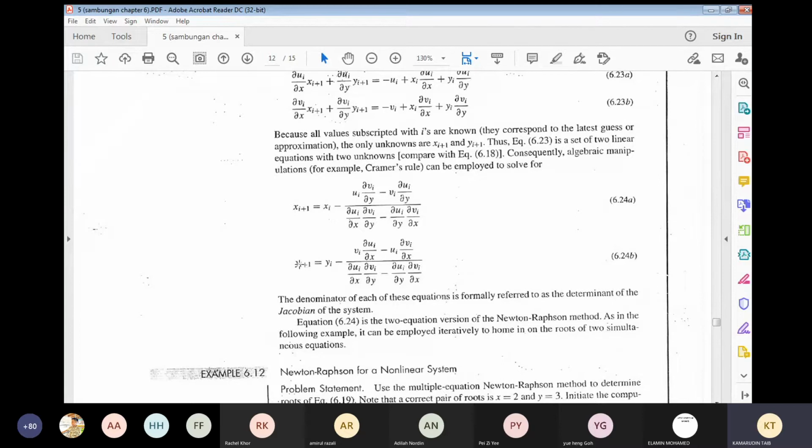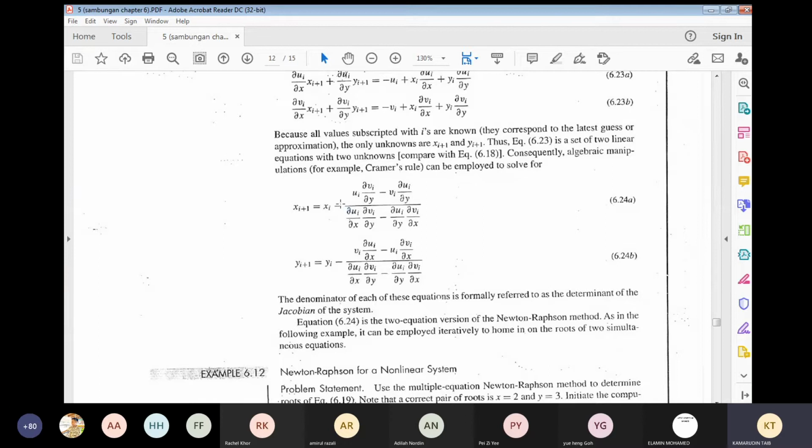Whereas for the y variable, y(i+1) equals y_i minus v du/dx minus u dv/dx, divided by du/dx times dv/dy minus du/dy times dv/dx.